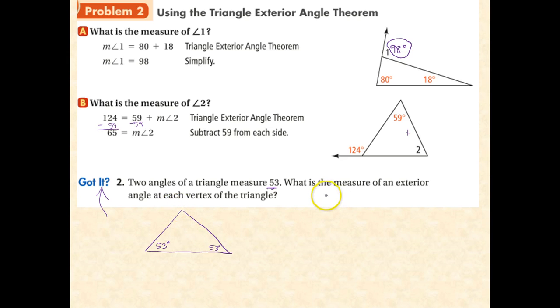It's going to be 53 plus 53 plus the measure of angle A equals 180. 106 plus the measure of angle A is 180. Subtract 106, and we get the measure of angle A equals 74.